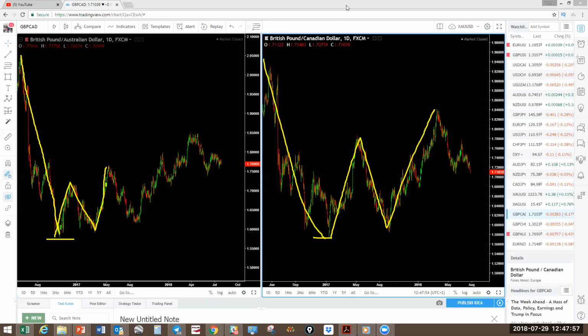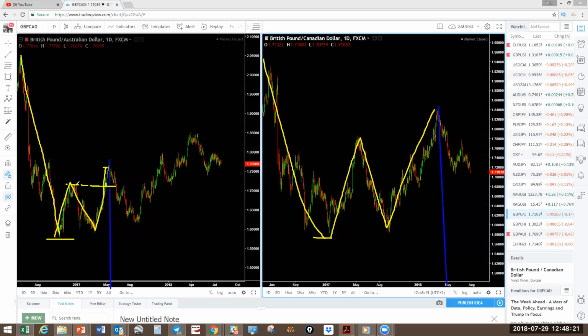Let's show where that one ended. You can see that this 3-wave move on pound AUD completed in May last year, but this 1, 2, 3-wave move on pound CAD only completed in May of this year. So now we are able to follow this similarity. In May, what happened after the 3-wave move?